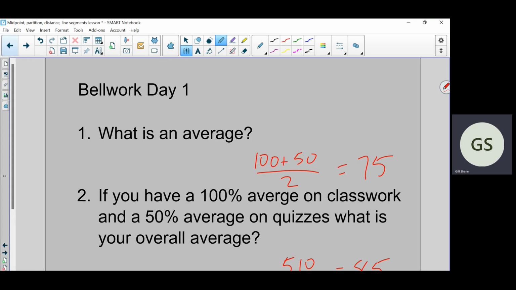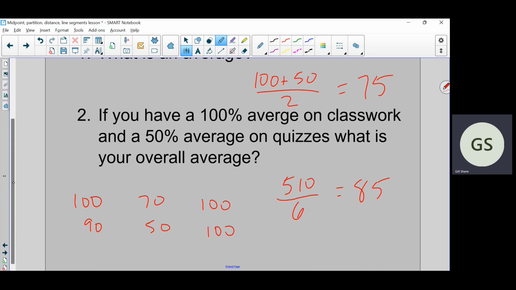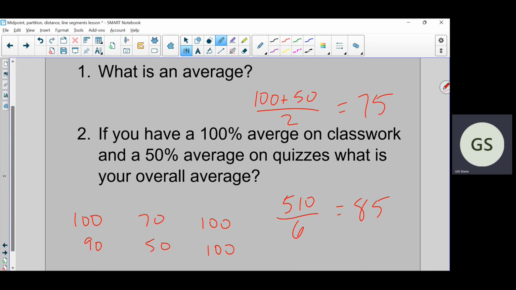So again, an average: if everything is worth the same amount, like everything is weighted evenly, you just take all of the individual numbers, add them up, and divide by how many total numbers there are. If our classwork grade is not worth as much as our quiz grade, which was 50, then that formula doesn't work.